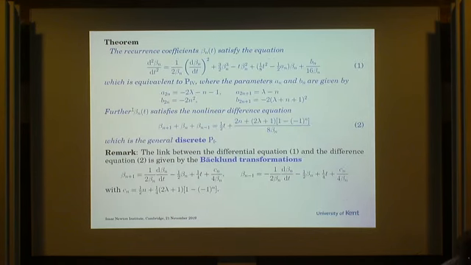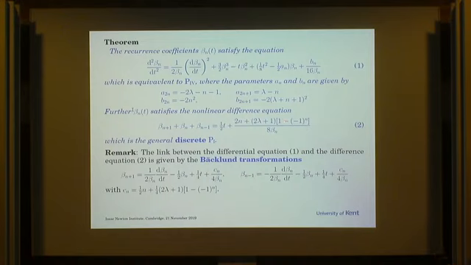Now it turns out the beta n's also satisfy Painlevé IV, but again they differ as to whether it's even or odd. So the parameters change between whether you have even coefficients and odd coefficients. It also satisfies the general discrete Painlevé I, where you now have this 1 minus 1 to the n.